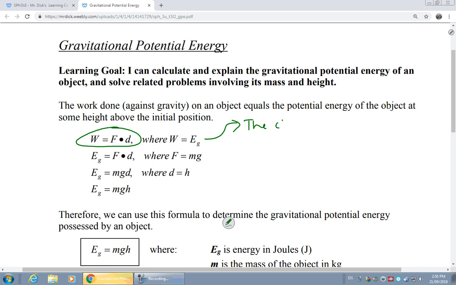And the change in energy is all in the form of gravitational energy. So the change in energy is going to be the amount of GPE gained by the object that we're lifting.